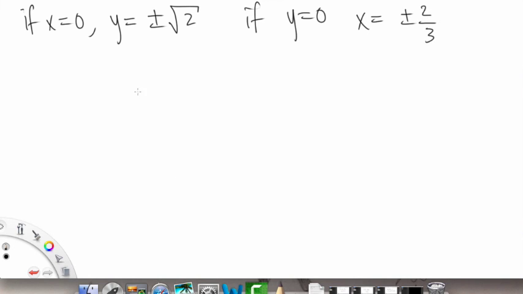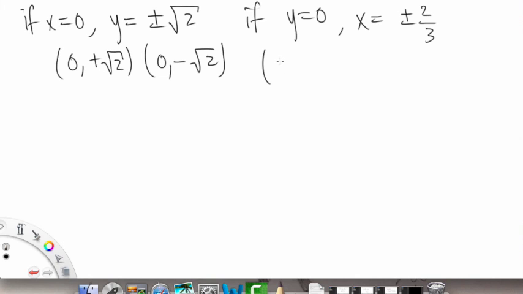So our actual points are 0, comma, positive radical 2, or 0, comma, negative radical 2. So there are 2 points already from there. And then we have 2 over 3, comma, 0, or negative 2 over 3, comma, 0. So we see a total of 4 critical points.